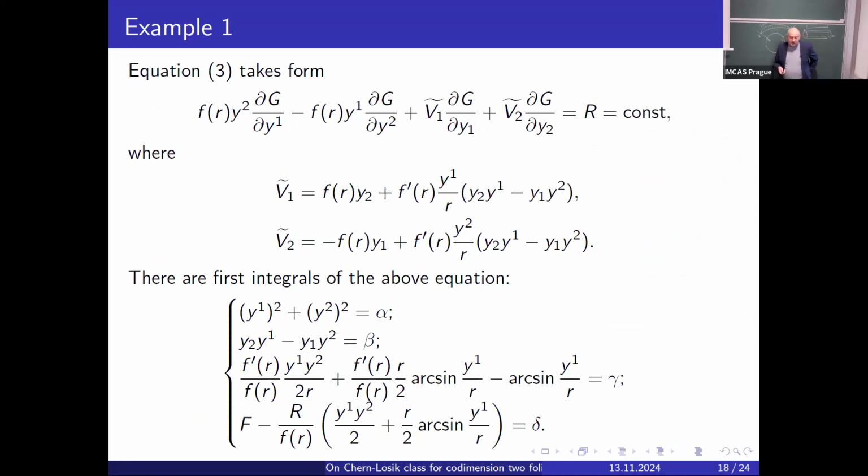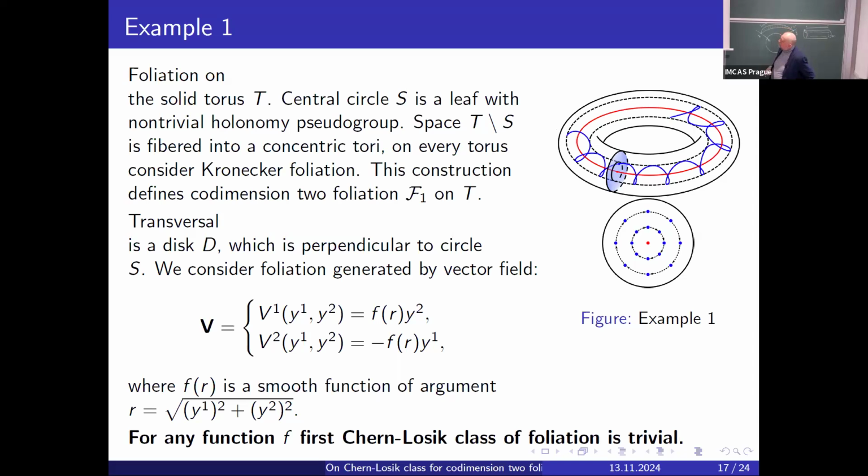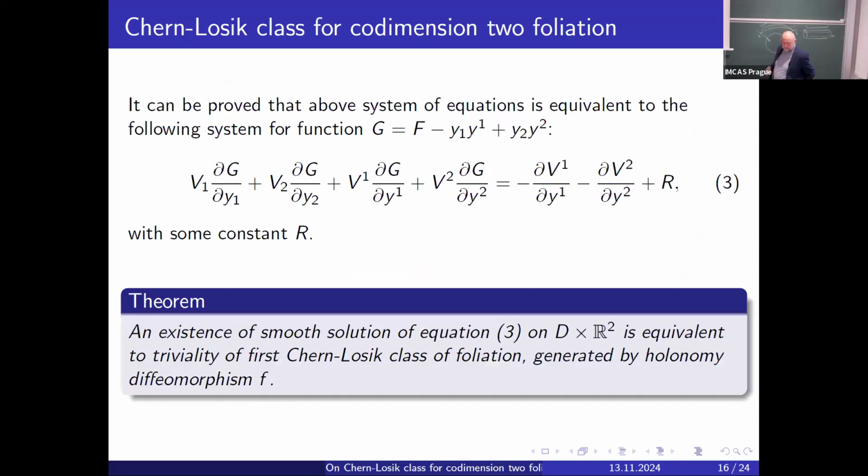And how to investigate this question about triviality? If you go back one more slide, this form of the equation is kind of a transport equation for G, if V is known. Is V known in this case, or is that something you specify in advance?